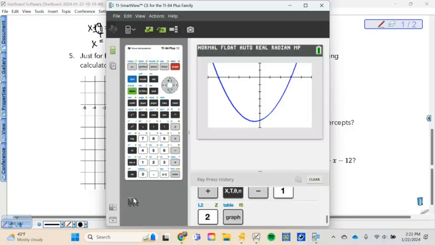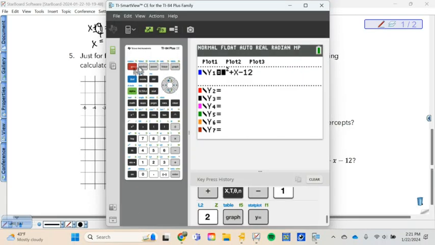Y equals mode. The other way you can do this is on Desmos too. Desmos is a little easier to do. Radian, degree, float, connected, sequential, full, Y equals, I think it's something to do with this. Maybe? Why is that happening?